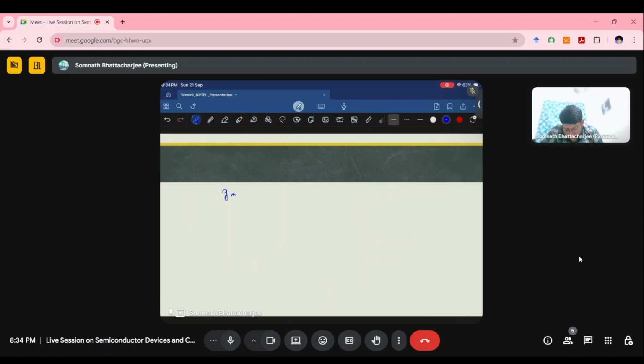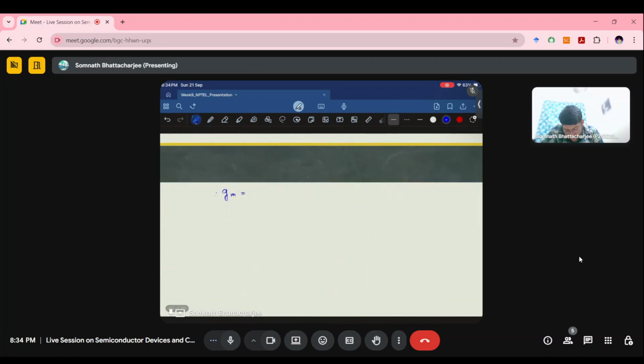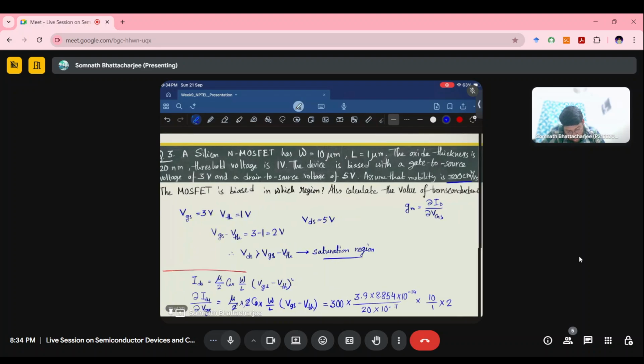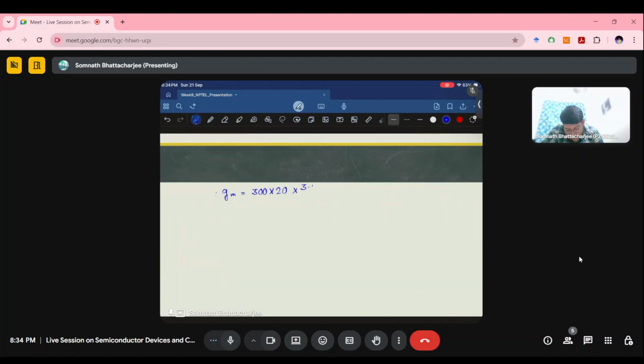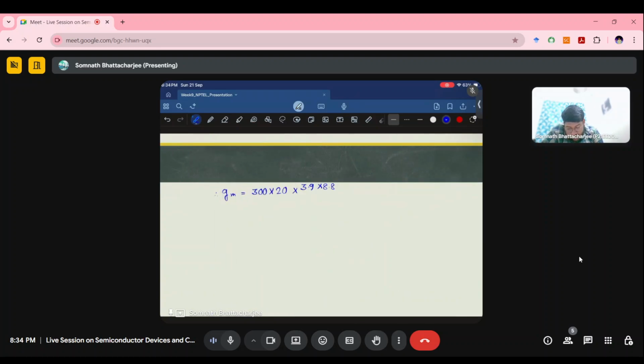The left hand side is nothing but GM. The value is 300 multiplied by 20 multiplied by 3.9 multiplied by 8.854 into 10 to the power minus 14, divided by 20 multiplied by 10 to the minus 7.